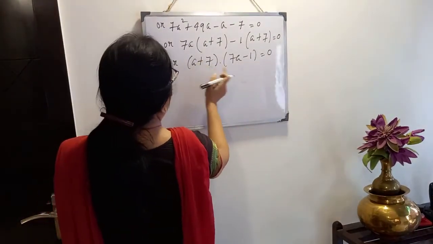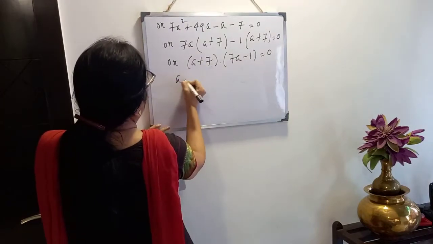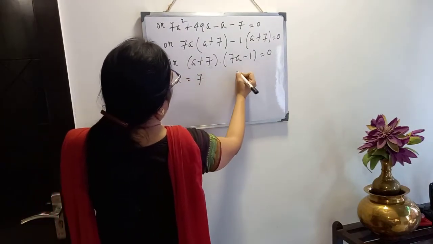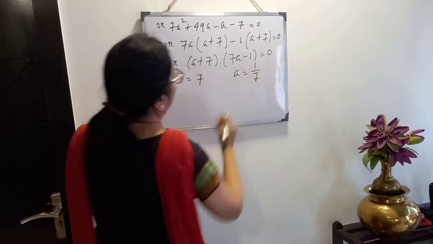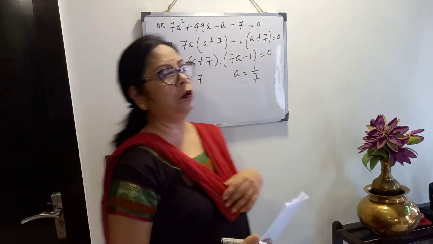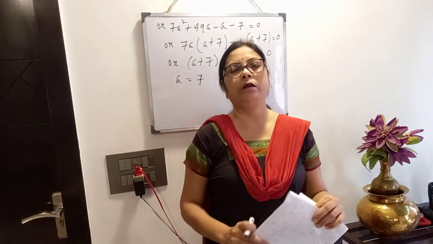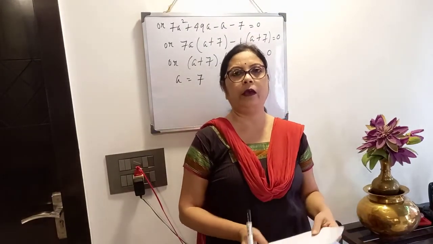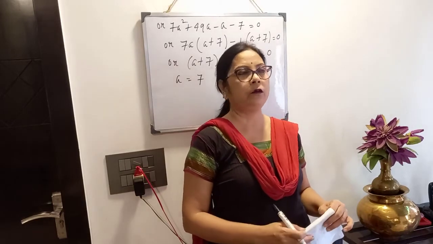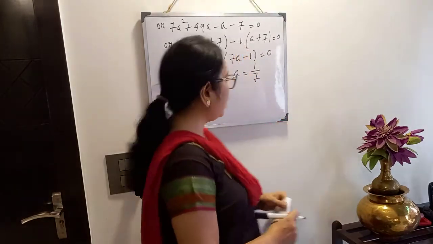When a plus 7 equals to 0, then we are getting a equals to minus 7, or a equals to 1 by 7. But this is not your answer. Why? Since in your original sum there was x, clear, not a. We had considered that, so we have to put the value of a now.